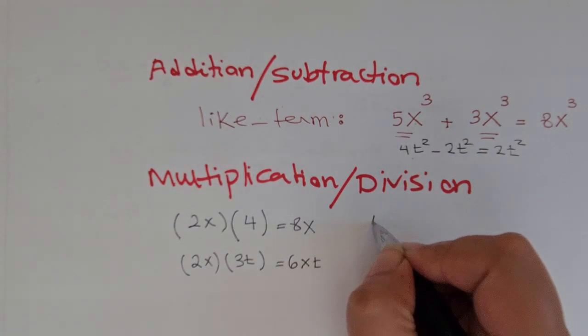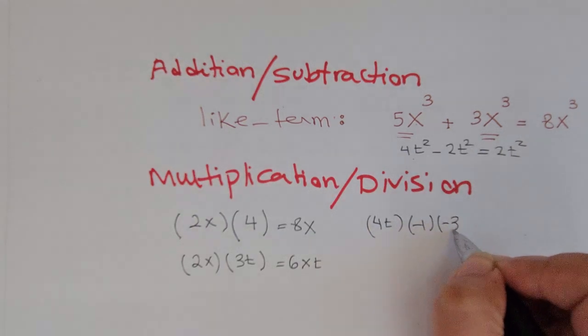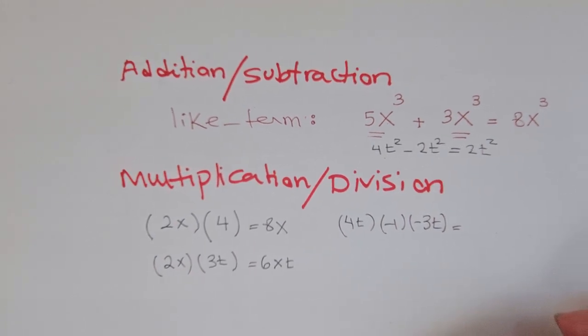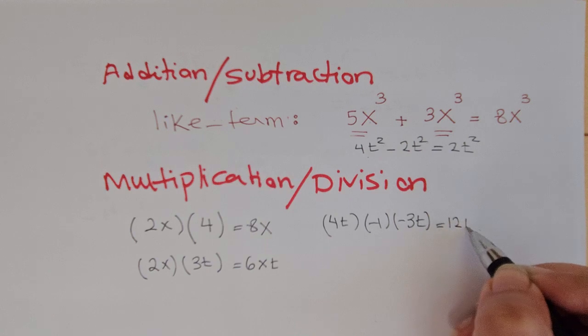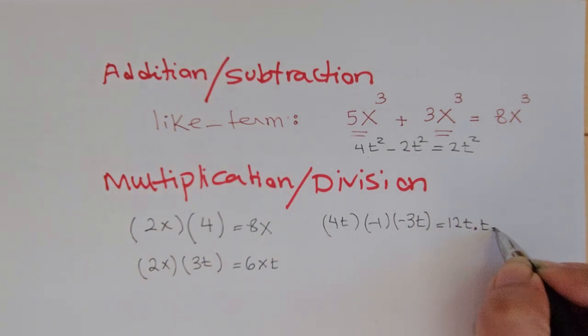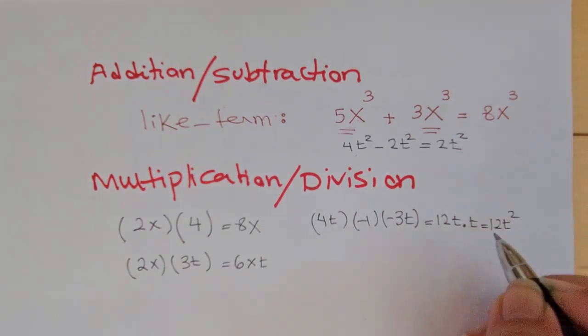Let's do another one. 4 times t times -1 times -3t. So here again you have three constants multiplied by one another. So the answer would be 12. Then you have t multiplied by another t, right? So t multiplied by t. So you know that this will be 12t squared.